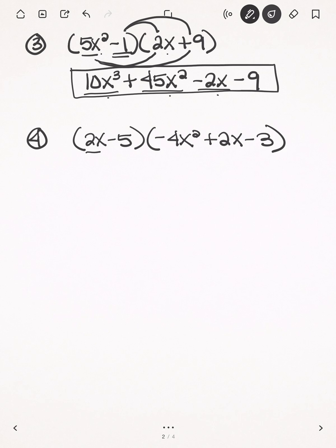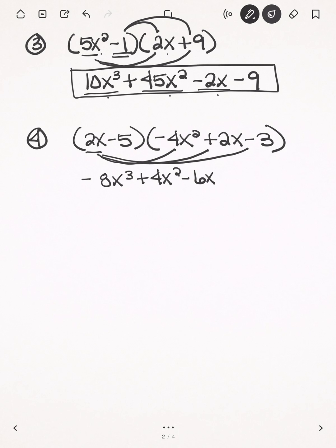We're going to take this first term, and we're going to multiply it by everything in the second set of parentheses. So I'm going to have 2x times negative 4x squared, which would be negative 8x to the third. 2x times a positive 2x would be a positive 4x squared. And 2x times negative 3 would be a negative 6x.